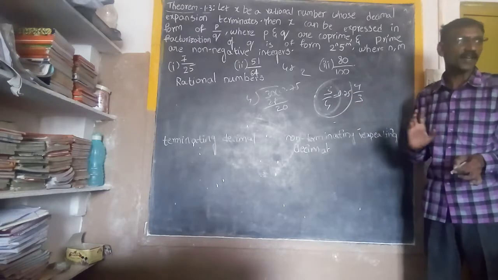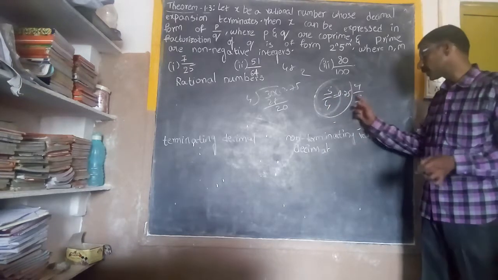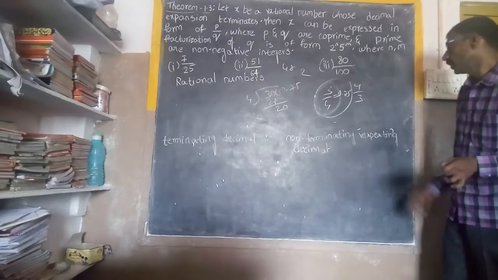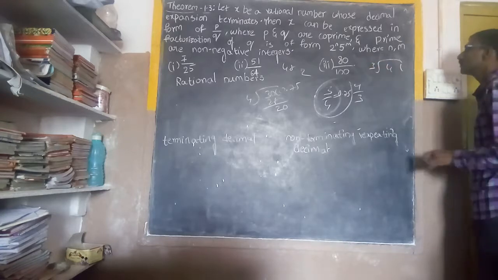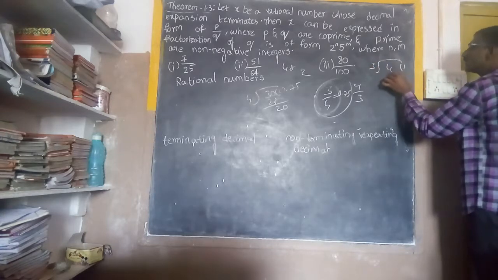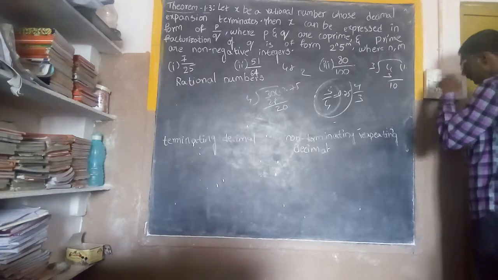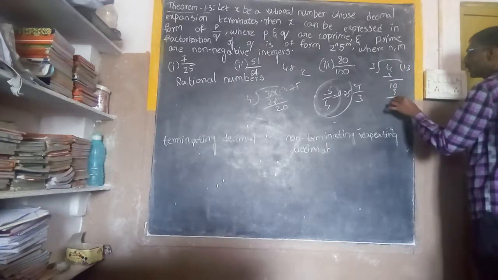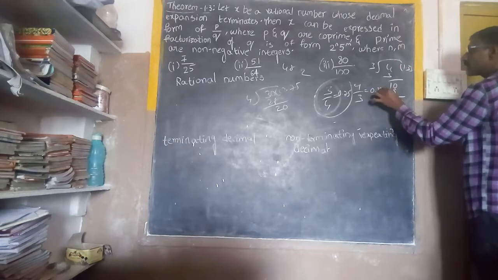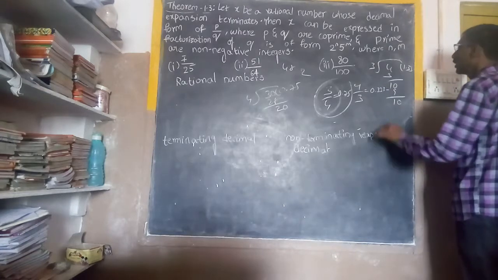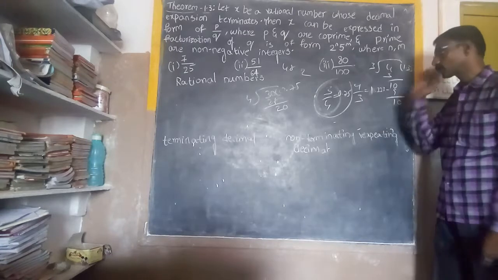3 by 5 is a rational number. It is a fraction form. You can write it down as 0.275. That is nothing but decimal expansion. Suppose you take 4 divides 3. 3 ones are 3, 1. Keep 0 and 3 threes are 9, 1 again, keep 0. So 1.33 and so on.